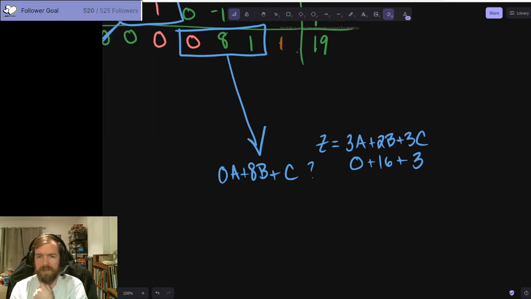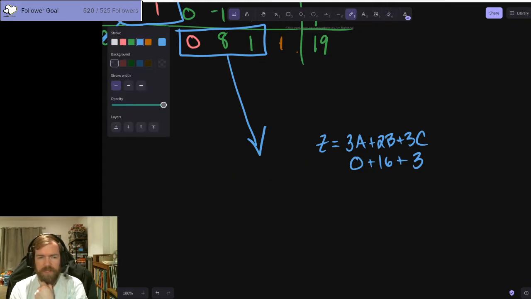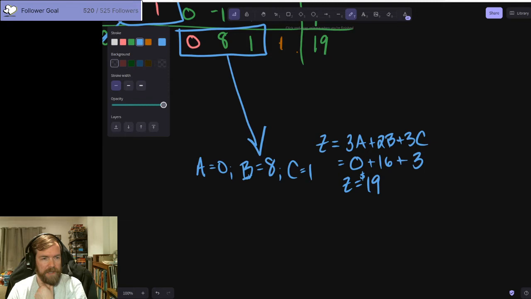This is a equals 0. B equals, there we go, equals 8. C equals 1. And Z is equal to $19 in this particular case.